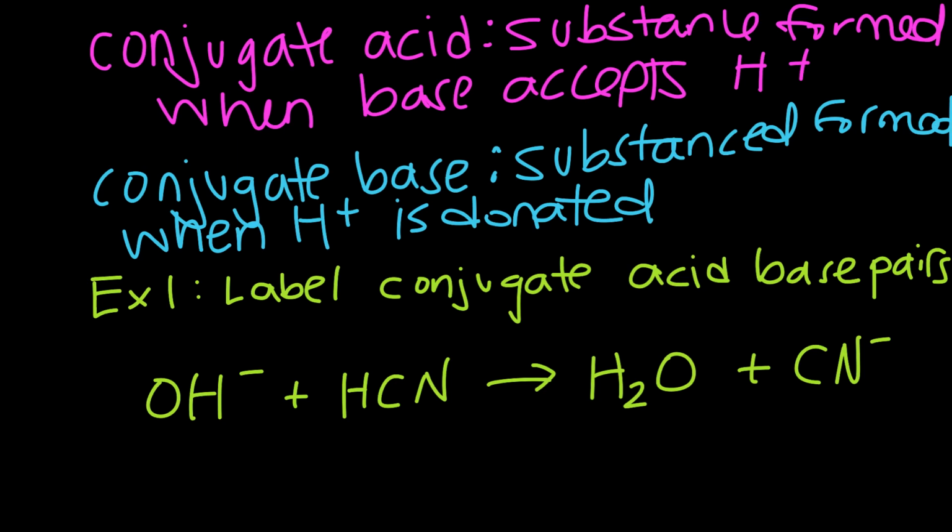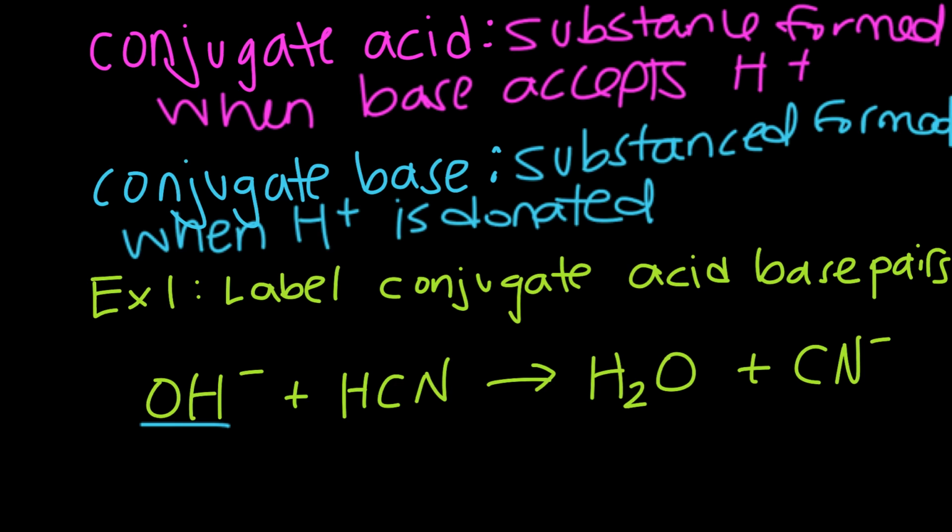So in this specific example, you're given both your reactants and both your products. So you're going to look at your OH minus. It should pair up with something on the product side that only differs from the OH minus by one H plus.